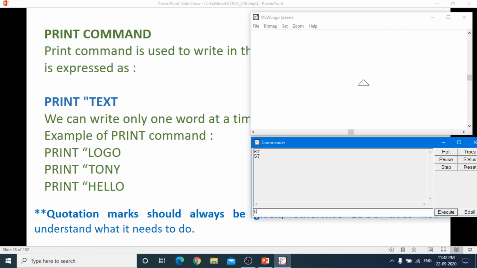Now one more, that is the circle. For the circle we use repeat. How many sides? 360. Then a square bracket and then FD1 space RT 1.